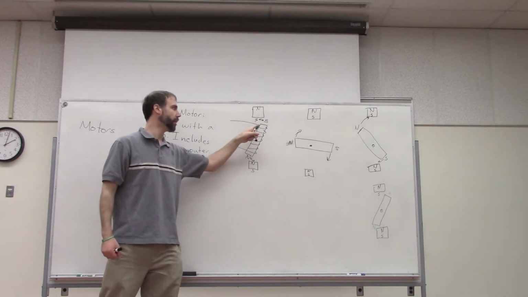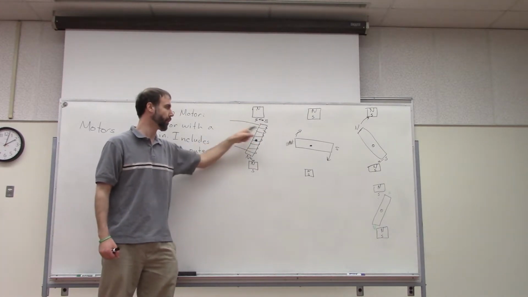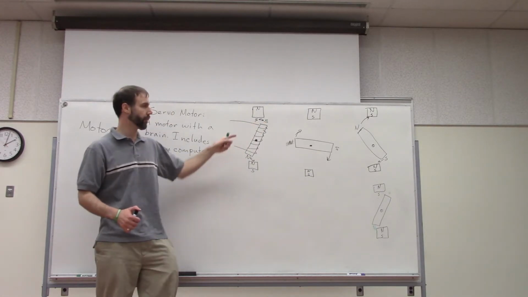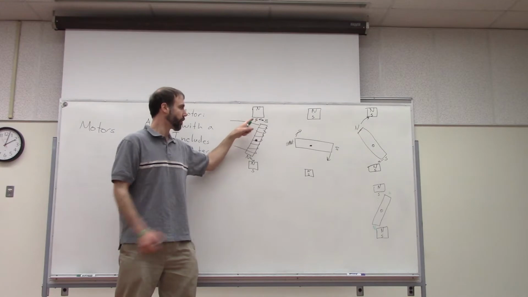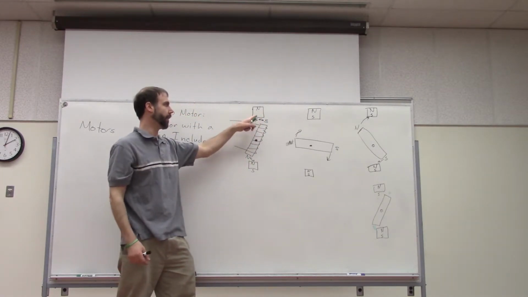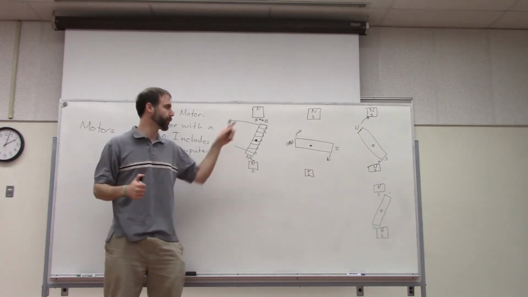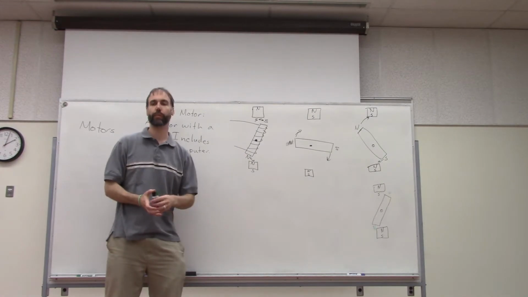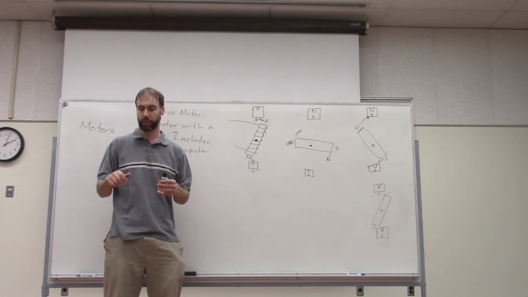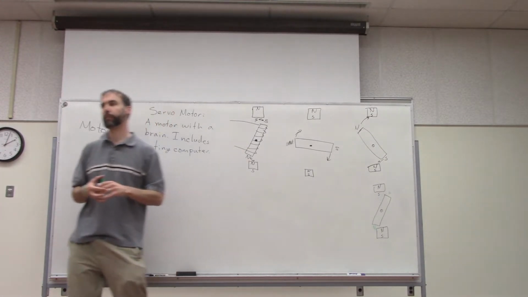If we applied more voltage to the electromagnet, that would push more current through it, which would create stronger magnetic fields, which would then increase the attraction and repulsion between the electromagnet and the permanent magnet, which would then cause more torque or more speed to come out of the motor. Okay? So more voltage means that the motor turns harder. Less voltage means that there's less force on that.